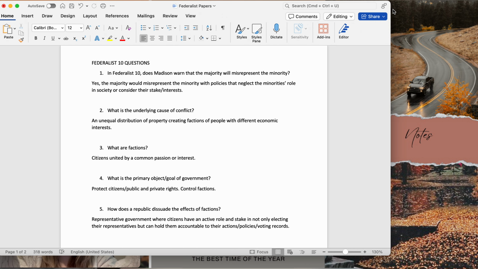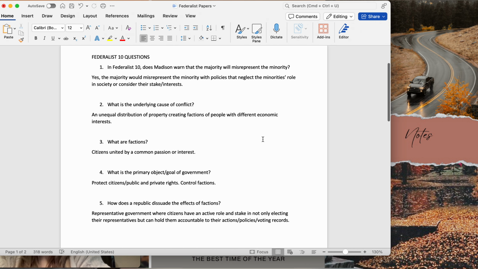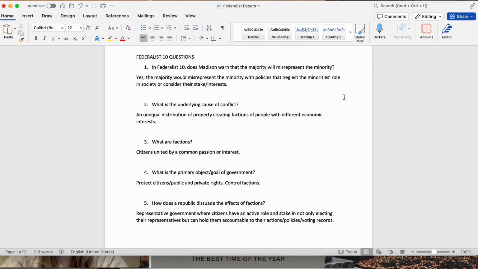So very quickly, Federalist 10, we have the first 5 questions. Does Madison warn the majority will misrepresent the minority? Yes, he does. He says the majority will misrepresent them with policies that are neglecting their role in society or considering their stakes or interests. Then what is the underlying cause of conflict?